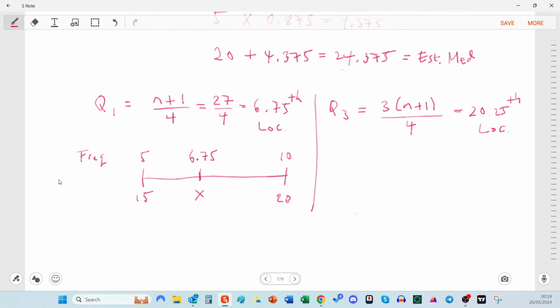Now we'll introduce a formula, I suppose. It's quite easy to see. We know that x, what's this distance here? This distance here is x minus 15.